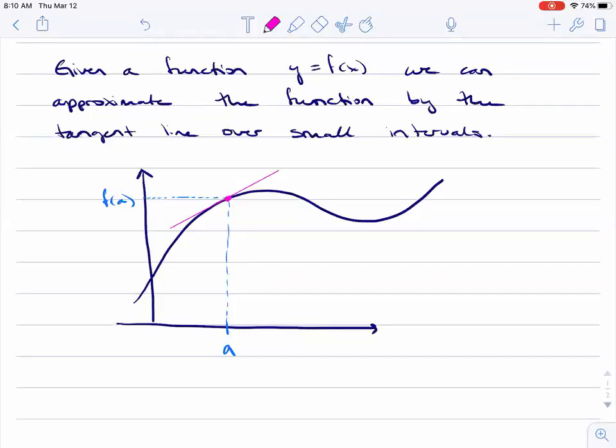And I can say that this line y equals L of x, so capital L of x, where L of x is the linear approximation. And of course, this dark one is y equals f of x.